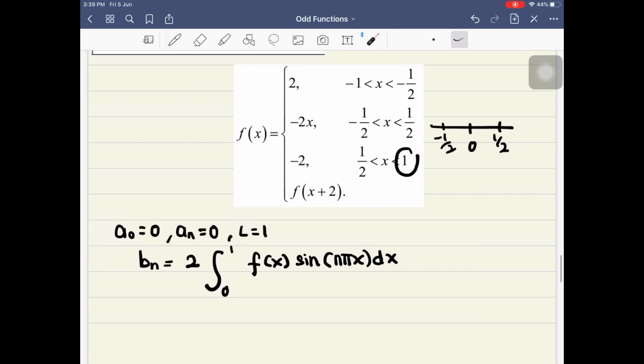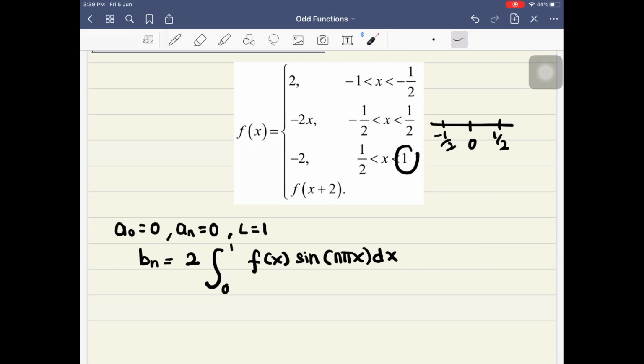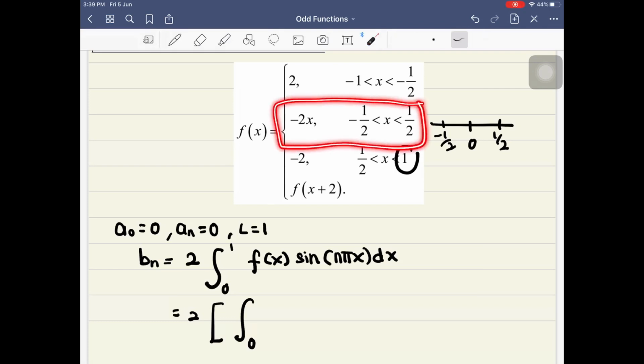Okay, so therefore, you are going to integrate. So 2, so your lower limit is 0. So for the second function here, you need to start from 0, although this is -half. Okay, why? Because it is an odd function, so we consider the positive part. Okay, because it is symmetrical. Okay, so we start from 0.